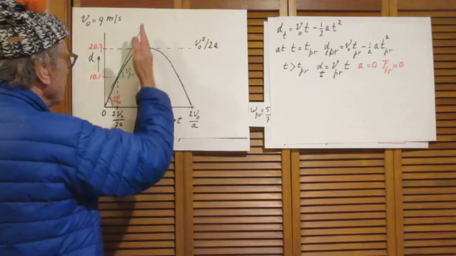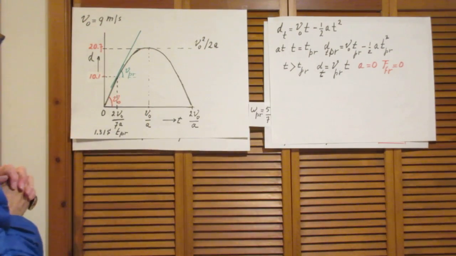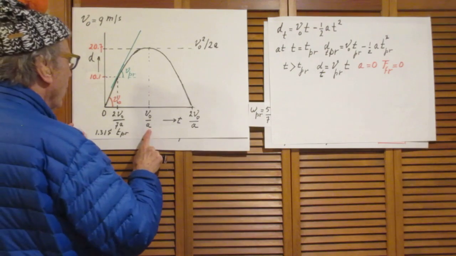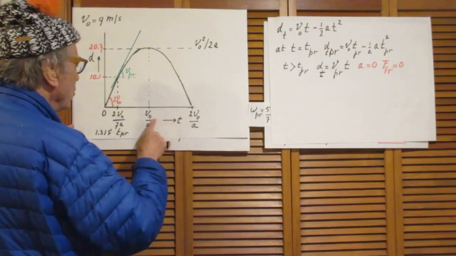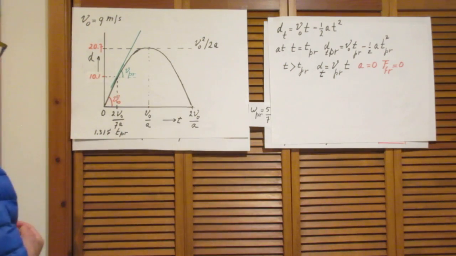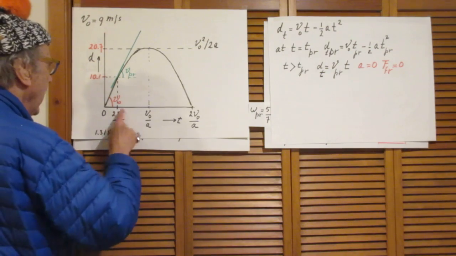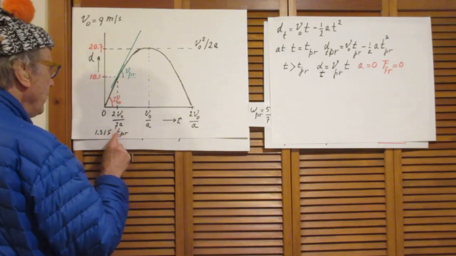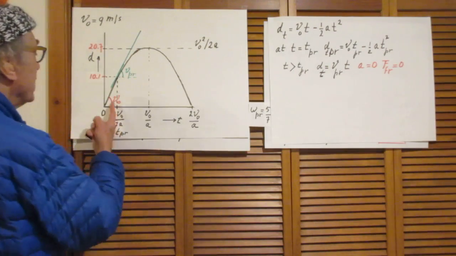This point here, sort of an axis of symmetry of the parabola, is at V0 over A. Well, V0 is 9 and A is about 2, so this is about 4.5 seconds. When the time is 2V0 over 7A, that's the 1.31 seconds, that's the time that pure roll is achieved. So that's here.